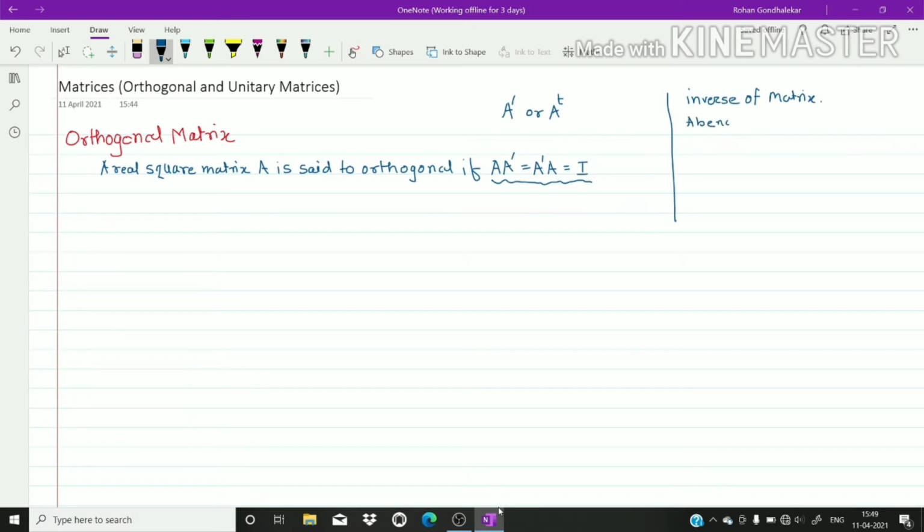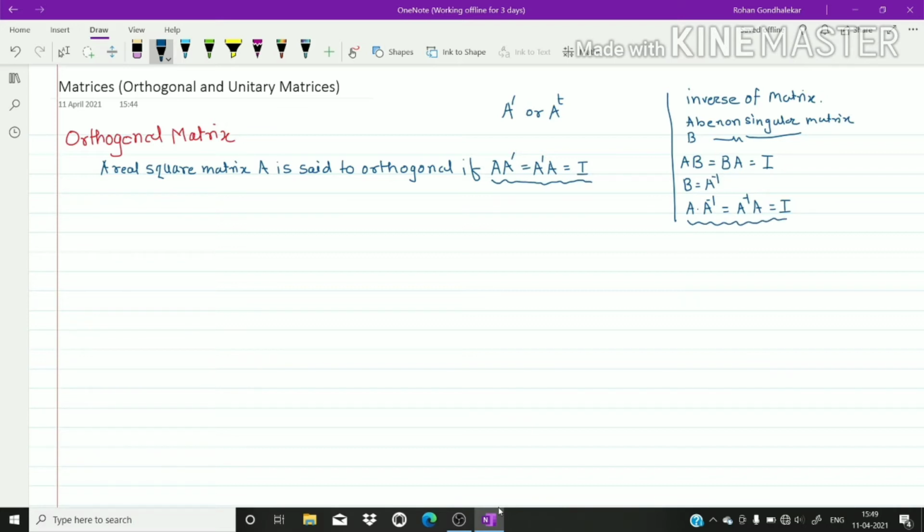Let A be a non-singular matrix and B also a non-singular matrix, then A into B is equal to B into A is equal to identity. Then B is called inverse of A, or A is called inverse of B. Suppose I denote B by A inverse, then my definition becomes A into A raised to minus 1 is equal to A raised to minus 1 into A is equal to identity.